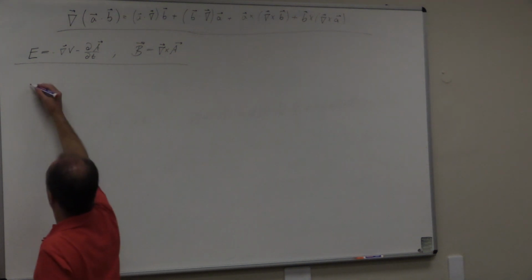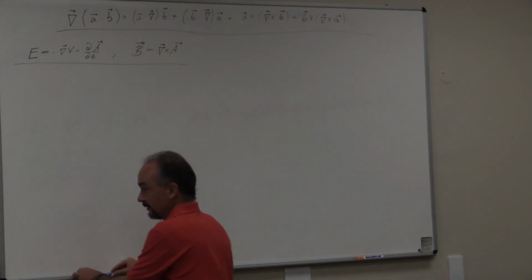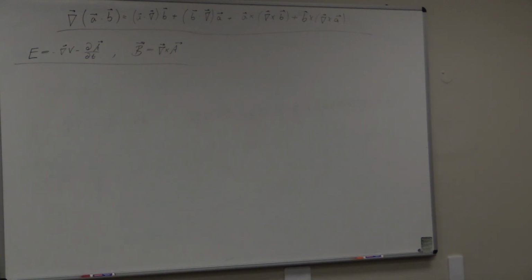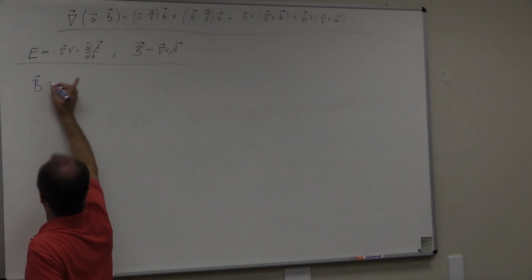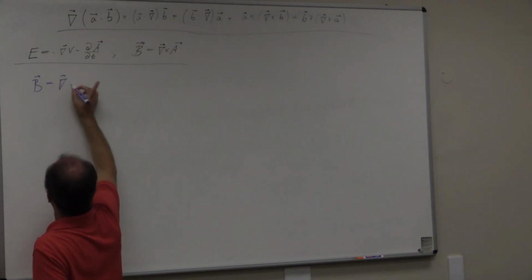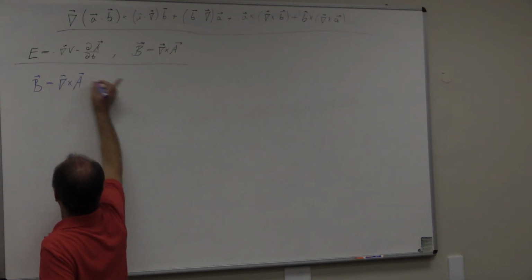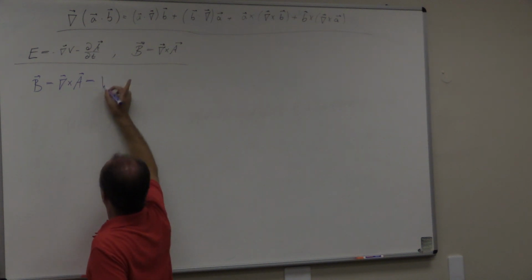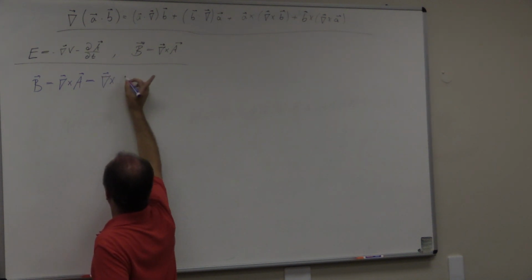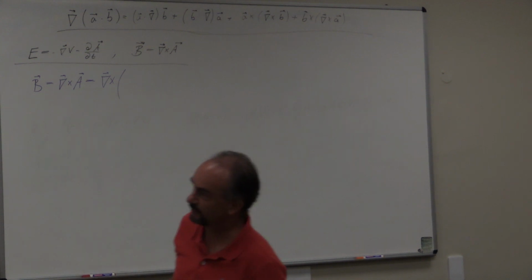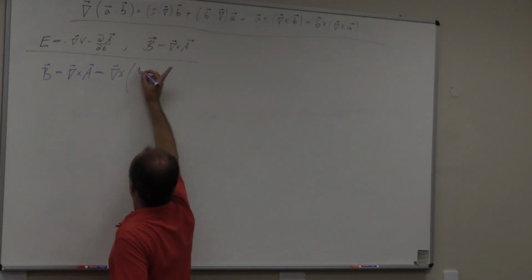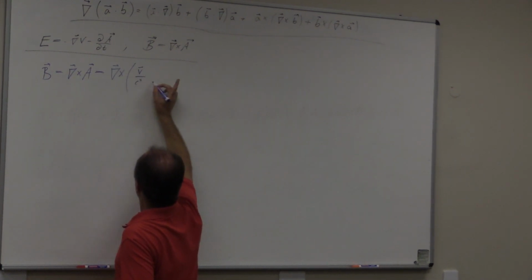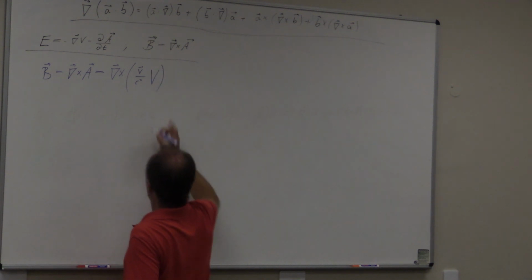So, we want to know the field as the curl of A. But we know that A was the particle's velocity over c squared times E, right?